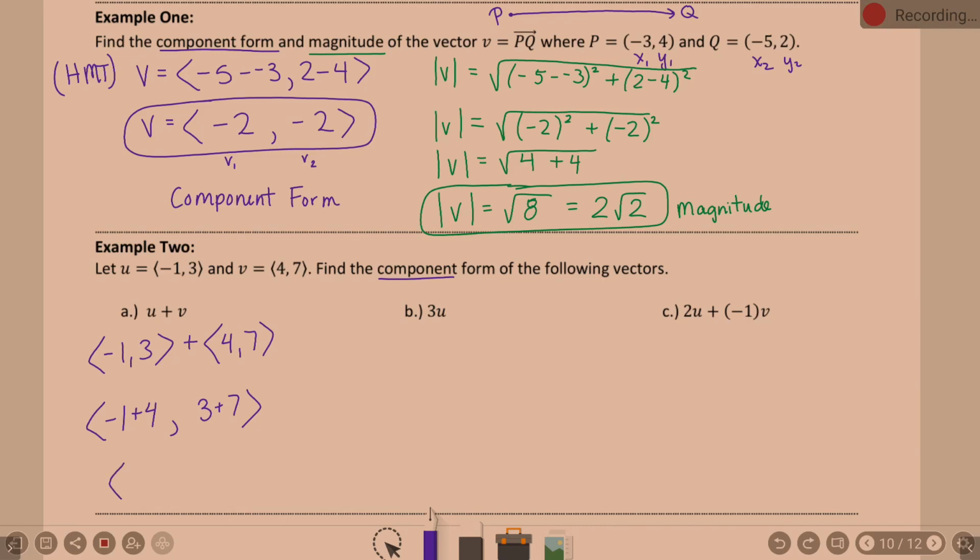Why are the parentheses greater than less than? Because that's what you use for vectors. Just because that's it. I don't know, there might be different reasons out there, but that is vector notation. I personally don't have a better answer than that.